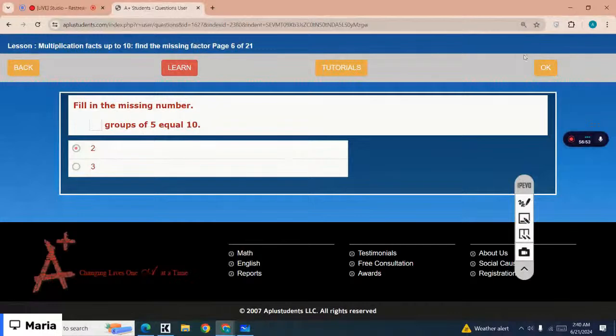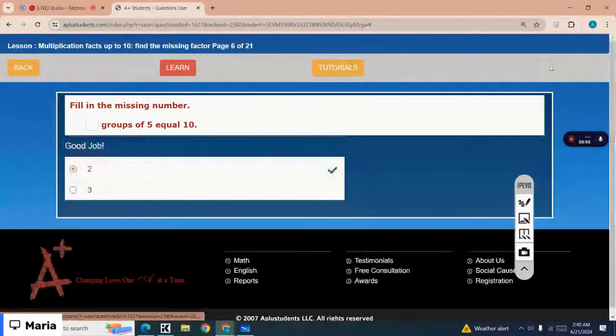The correct option is 2. Option number 1 is the correct option.